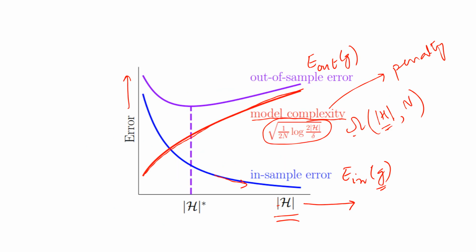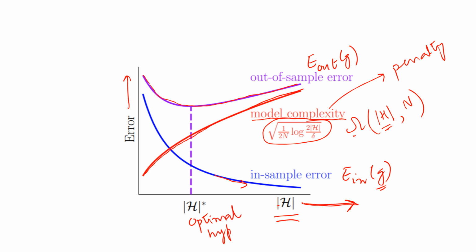Based on that, we plotted the error and the number of hypotheses in my hypothesis set and came up with this graph. Now, if we add this blue and this red, we get this purple thing, which is the out of sample error, and this is the curve that will result. Now, the good news here is that there is this optimal hypothesis set that will minimize my overall error.